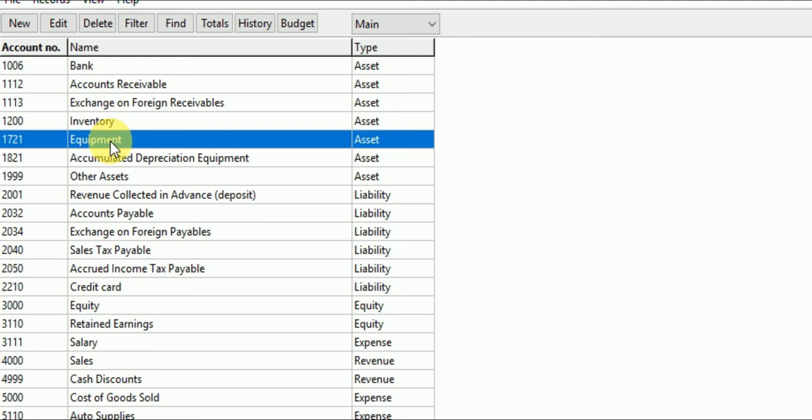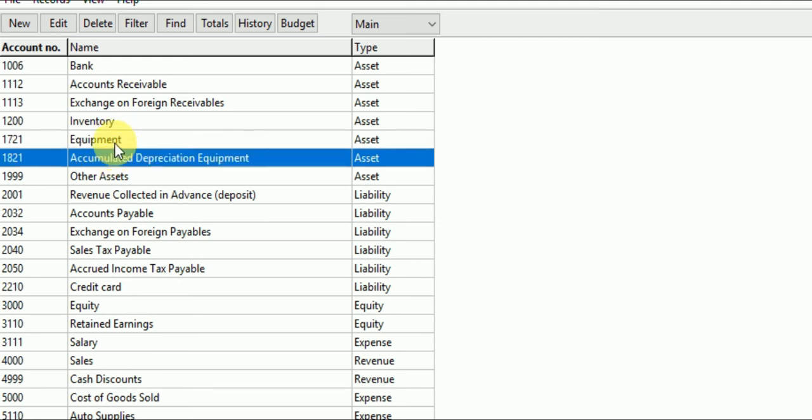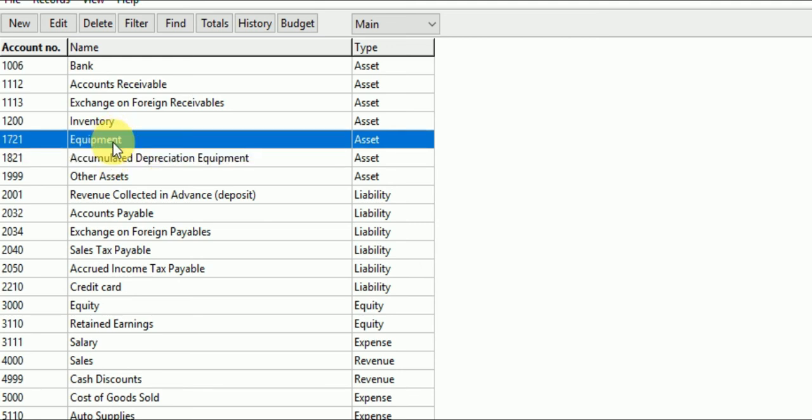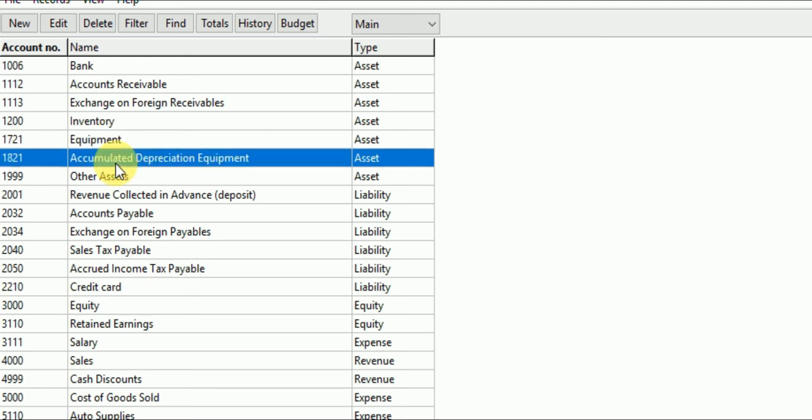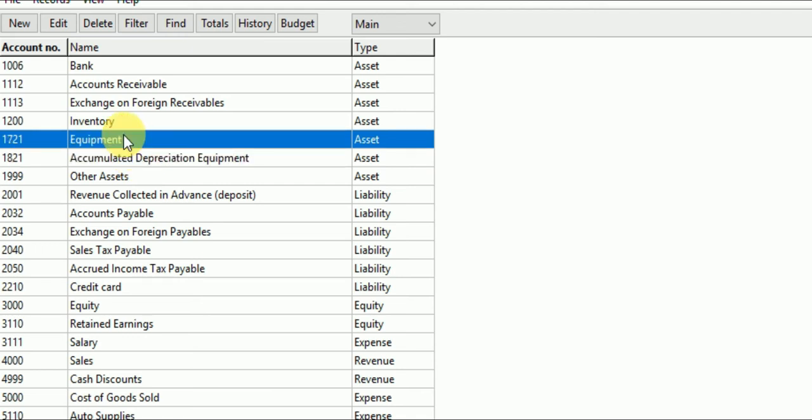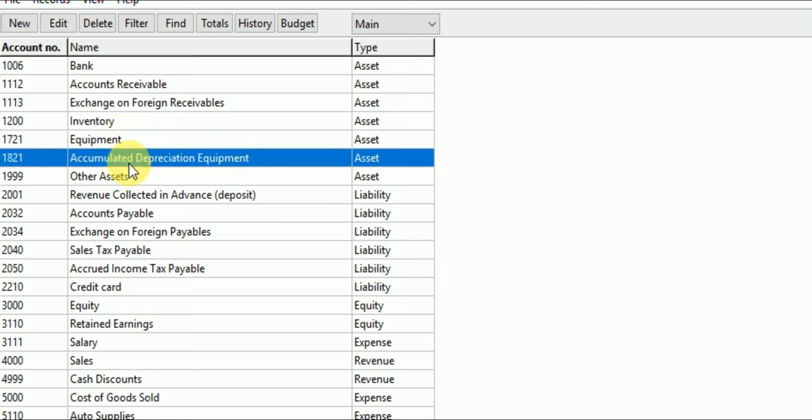Yun, accumulated depreciation equipment. So usually ang mga asset na mayroong depreciation, nasa asset side din siya pero usually negative ito. Ang equipment, so for example, you bought a computer worth 40,000 pesos. And then ang useful life mo sabihin mo na 5 years, no? 40,000 divided by 5 will be 8,000.